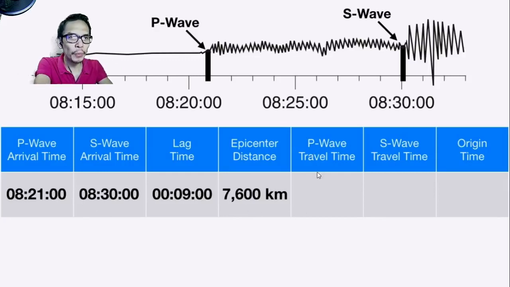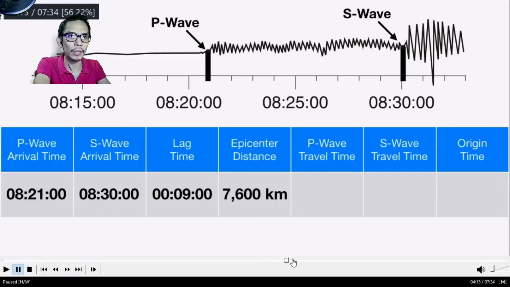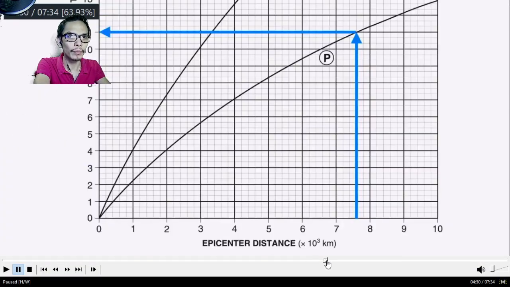To find the P-wave travel time, all we need to use is the epicenter distance. This is very crucial. Any mistakes in the epicenter distance will affect the P-wave travel time you find.